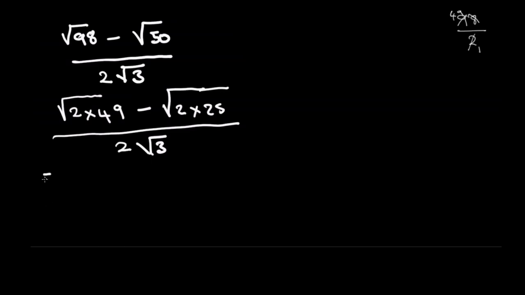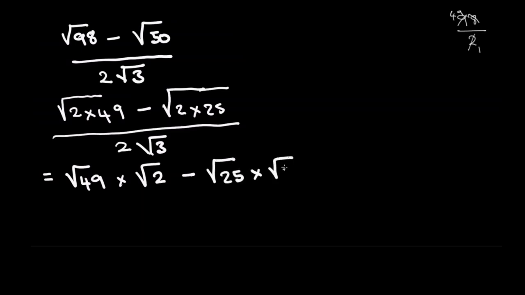Now, we understand that the square root of 2 times 49 can be written as the square root of 49 times root 2, minus the square root of 25 times square root of 2, all over 2 root 3.